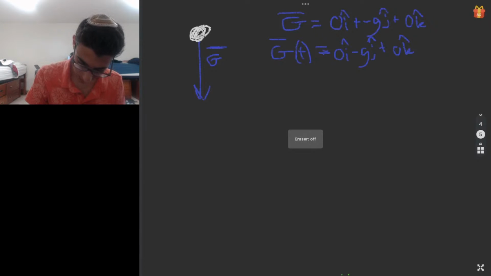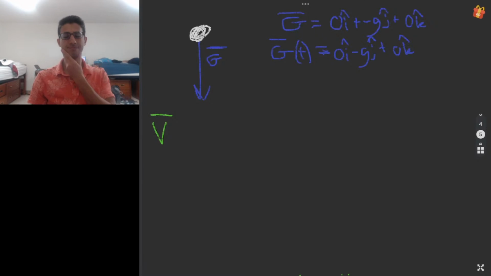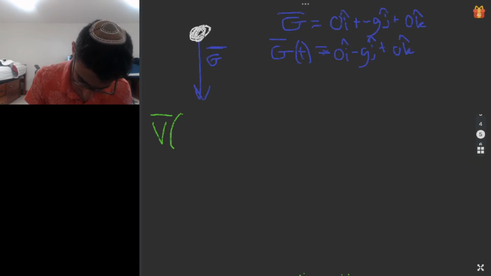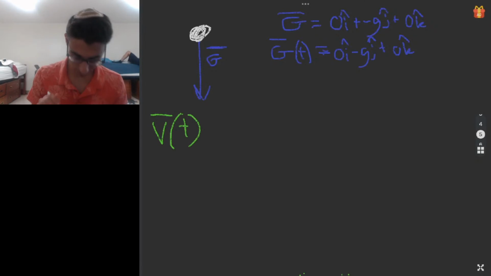I'm going to choose 0 as t naught. We drop the ball at time equals 0, and I want to find the velocity at t, t being how many seconds it's been since 0.